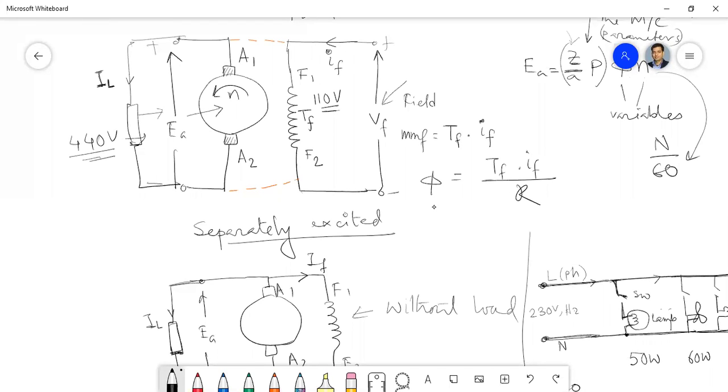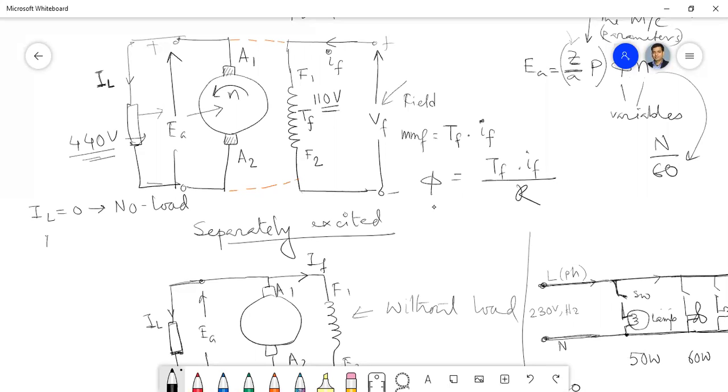But the thing we should write here is that the voltage we get when the machine is at no load and the voltage we get at the terminal are not the same. Suppose when the load current is 0, which is called the no load condition, what is the expected voltage across the terminal?